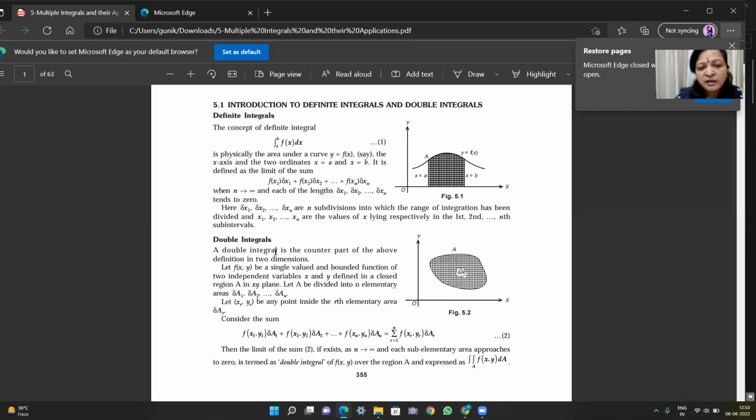Now the double integral is the counterpart of this definition of integral in two dimensions.